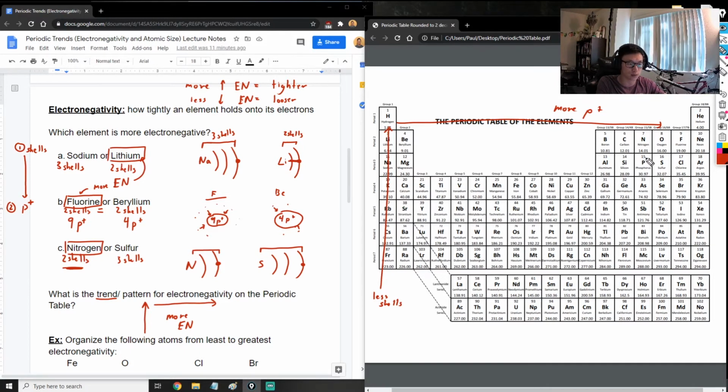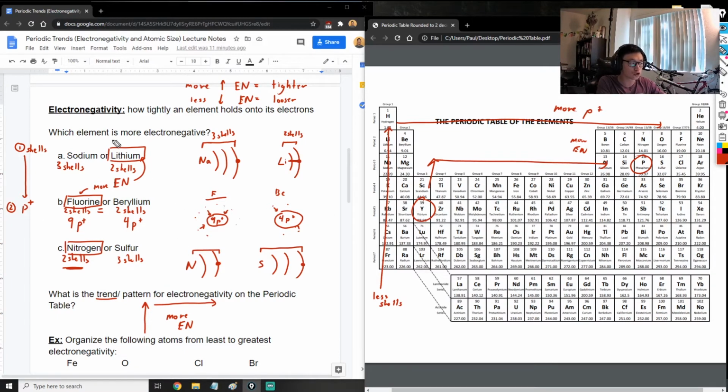If I asked you to compare which one is more electronegative, phosphorus or yttrium, obviously you can just use the pattern and say, hey, phosphorus is more to the top and to the right, so phosphorus is going to be more electronegative. That's an easy way to answer the questions.